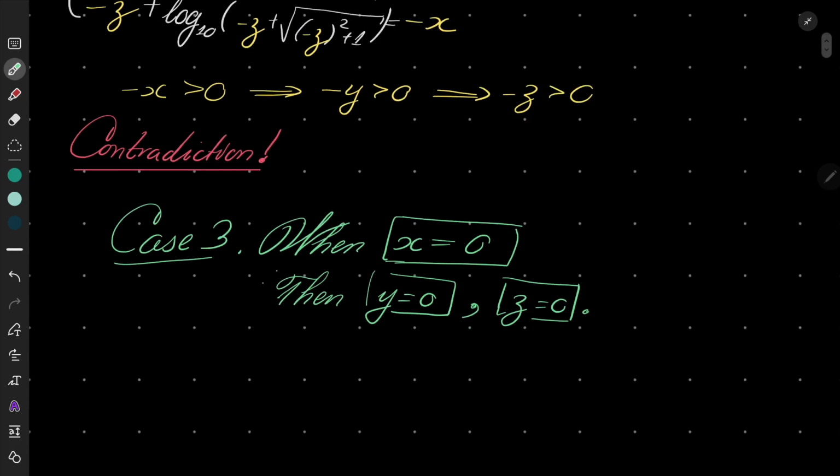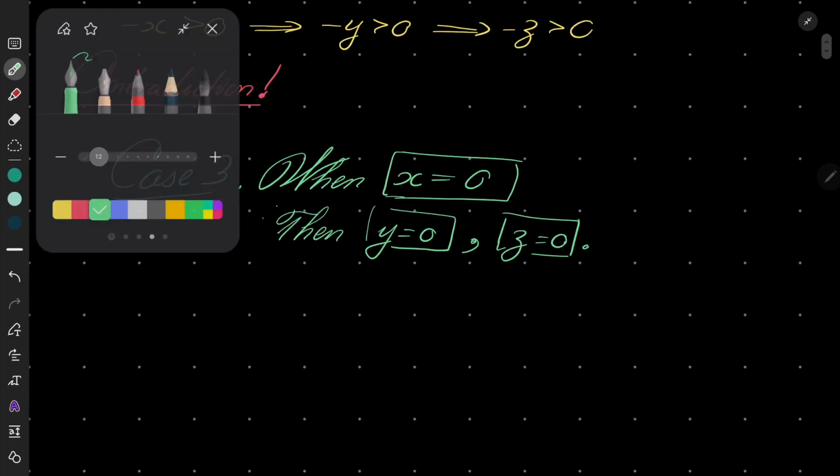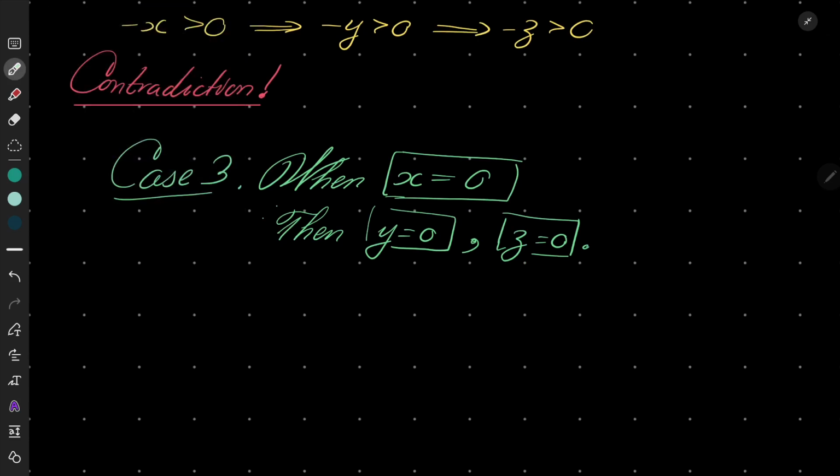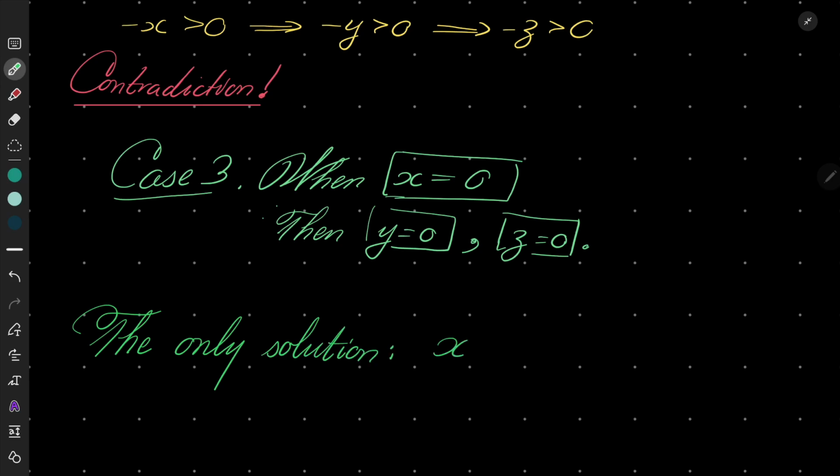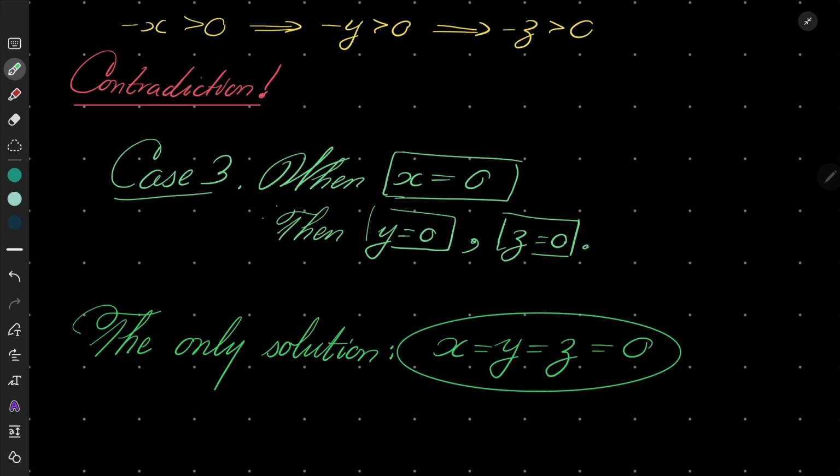And it should be evident that in fact this is a solution. Moreover, it's the only solution, because there are no other solutions: x equals y equals z equals 0. And that's it. That's the only possibility.